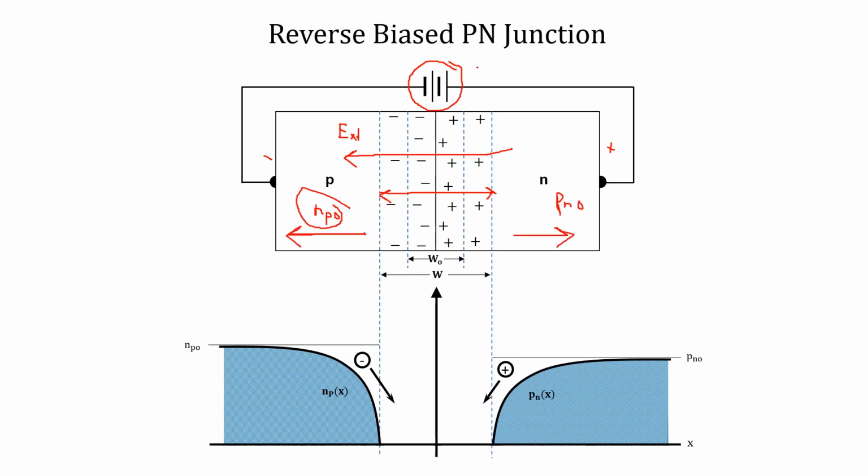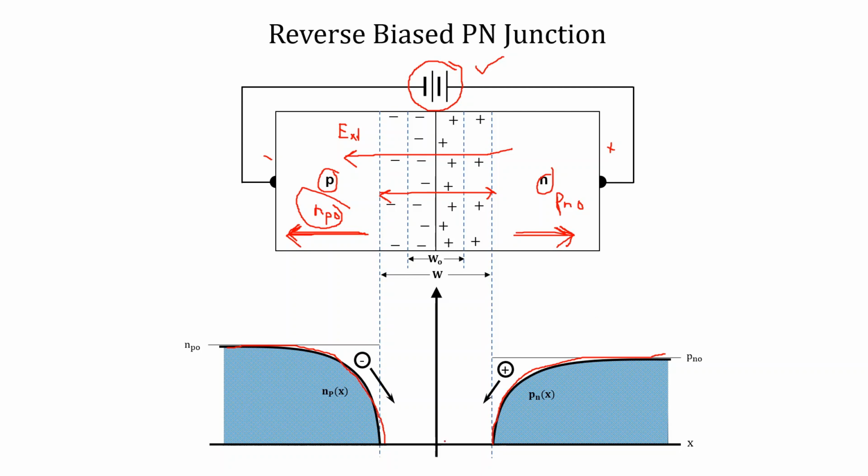On reverse biasing this PN junction, electrons will be pushed towards the left in the P side region, and holes will be pushed towards the right in the N side region. So this type of shape arises.